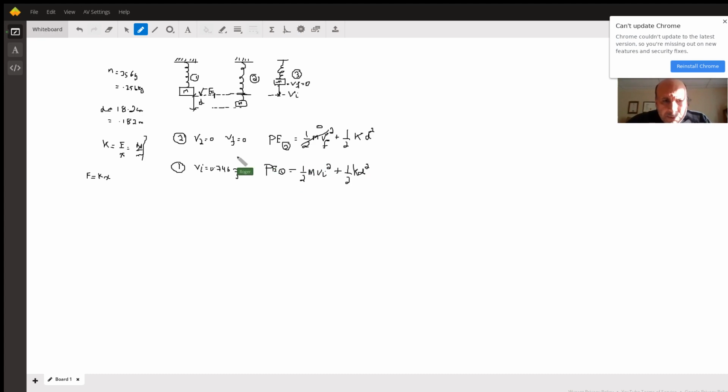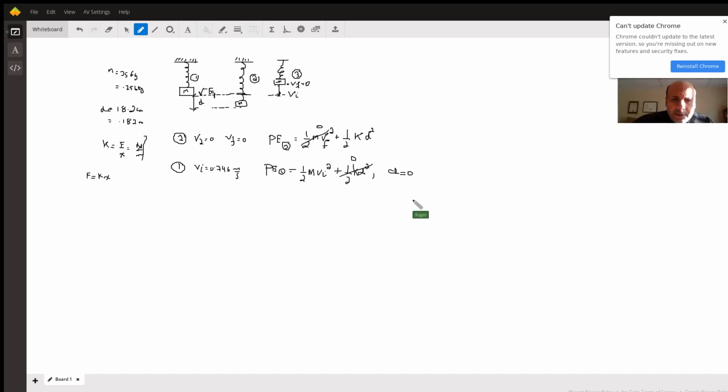So at position 1, D is equal to 0 because you've reached the equilibrium point. So you outstretched at D, then you let this go. It went back to the point where it's 0 here. So in this case, D is equal to 0. And guess what? This term goes to 0.